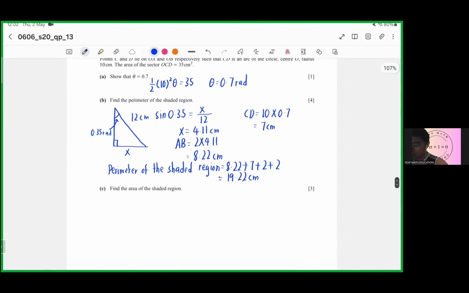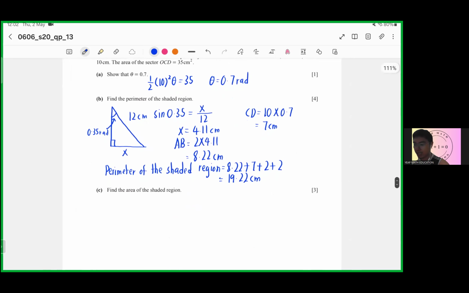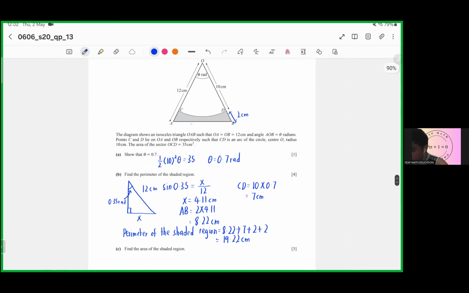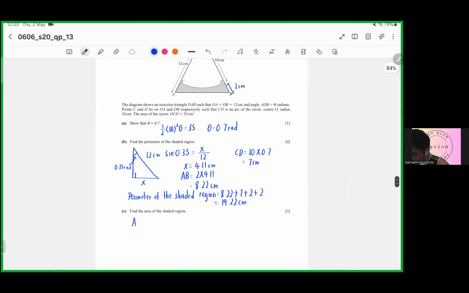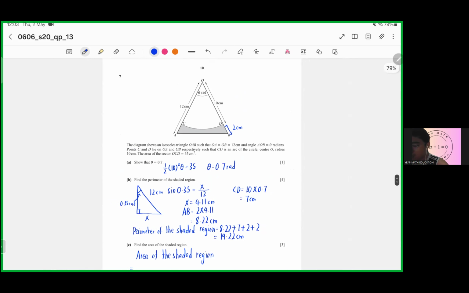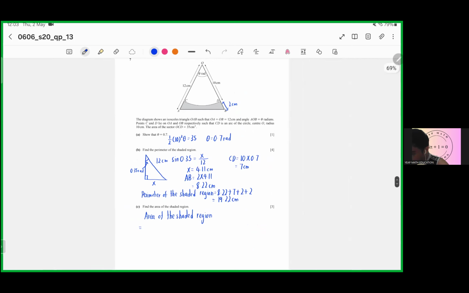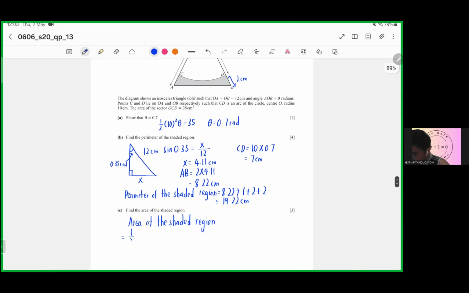Okay, now we look at the next question. Find the area of the shaded region. So what we need to do is, first we need to find the area of this triangle.